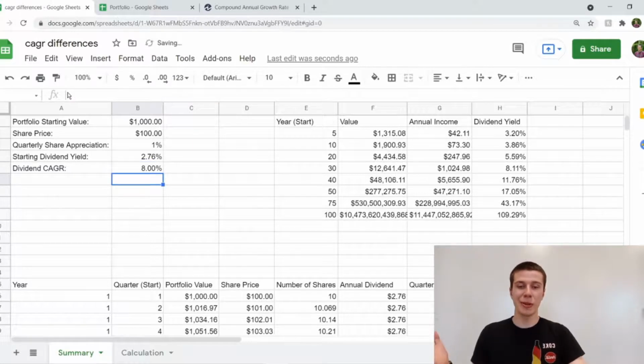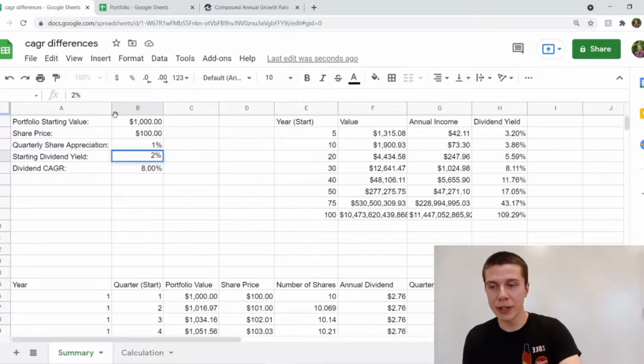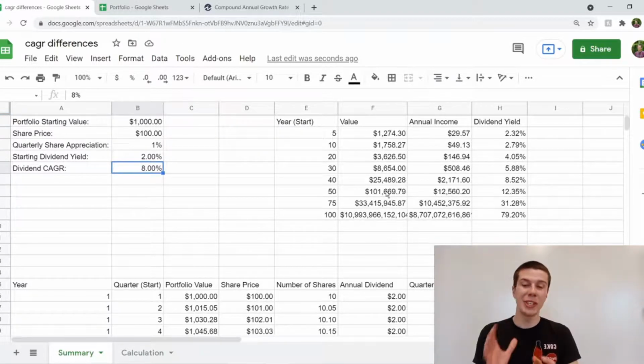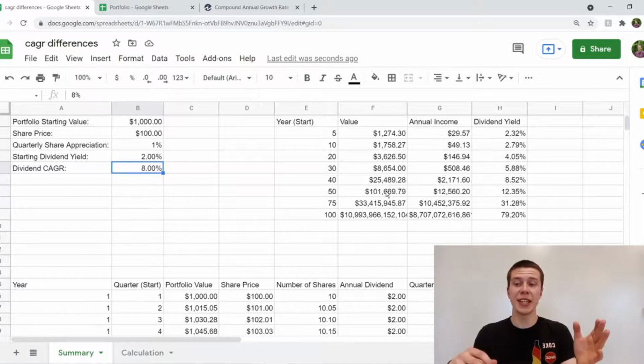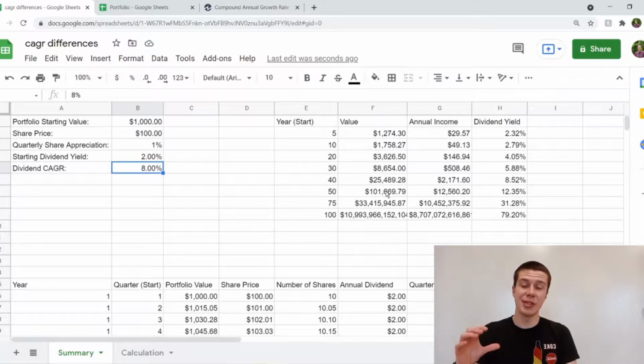So let's look at what that would look like in that case. At 100 years, the dividend yield would be over 100%. But if my CAGR is 8%, my starting dividend yield will probably be a little bit lower. So even if we start that at 2%, what is pretty interesting to me is the numbers are pretty similar with the 2% yield and 8% CAGR as they were with the 2.76% yield and the 7% CAGR.